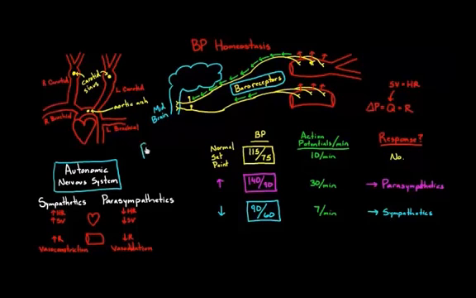And when I say rapid, I mean on the order of seconds to minutes. So within seconds to minutes, this response can happen. So this is a fantastic example of how your body can take in information really quickly and respond quickly to help keep your blood pressure balanced.